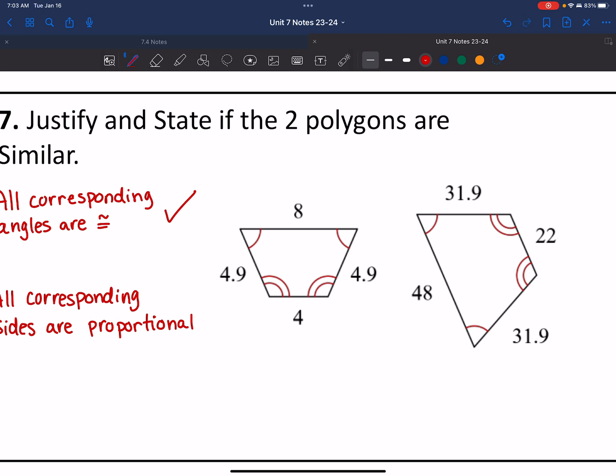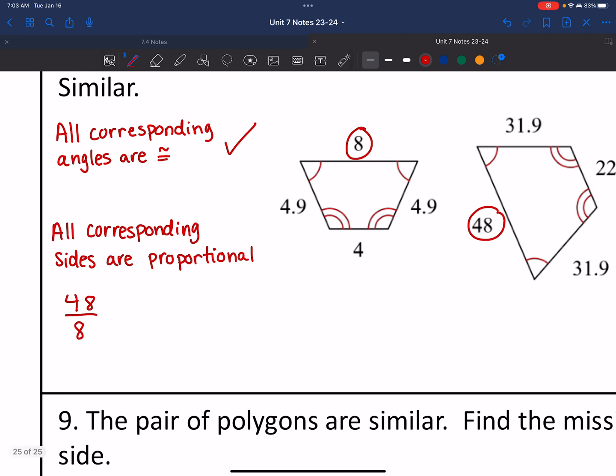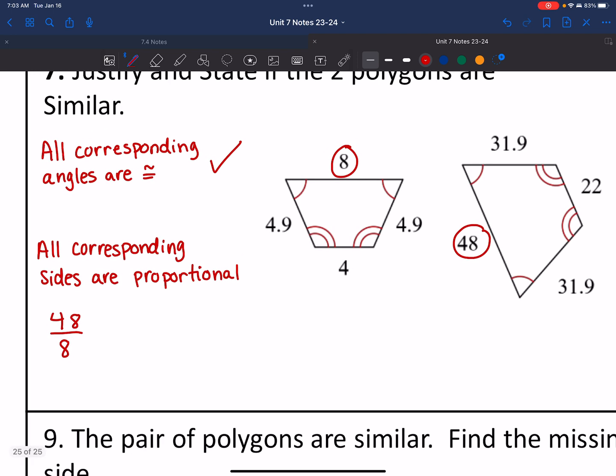That'll create ratios, and if all of those equal each other, then that means they're proportional. So I'm going to say this side 8 matches this 48. So I'm going to say 8 over 48. Or better yet, I'm going to make it 48 over 8. It doesn't matter which way you do it, so long as it's the same way for each one. I'm going to do 48 over 8 because it's not going to give me a decimal, and it makes it a little bit nicer. So I did big over small.